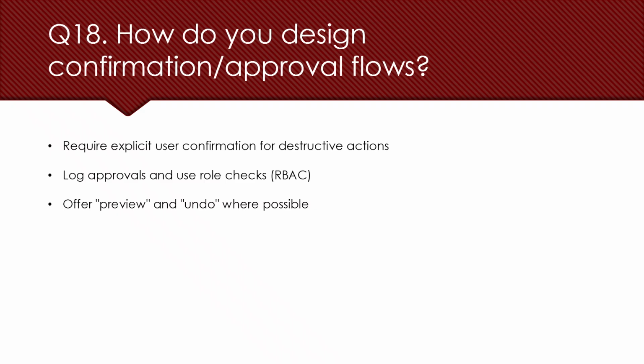Question number 18. How do you design confirmation and approval flows? When an agent performs an action that changes state, like creating tickets, changing records, or sending official communication, we should require explicit user confirmation. We should implement role checks to ensure only authorized users can proceed.